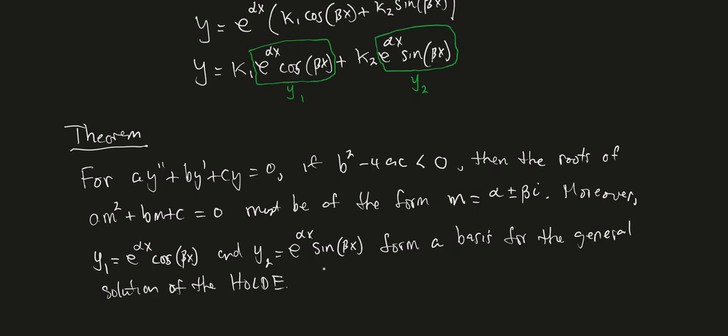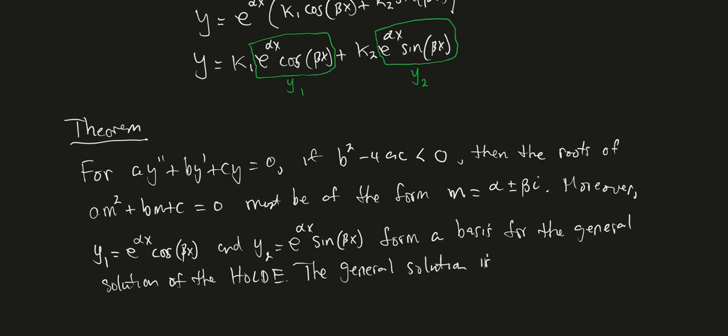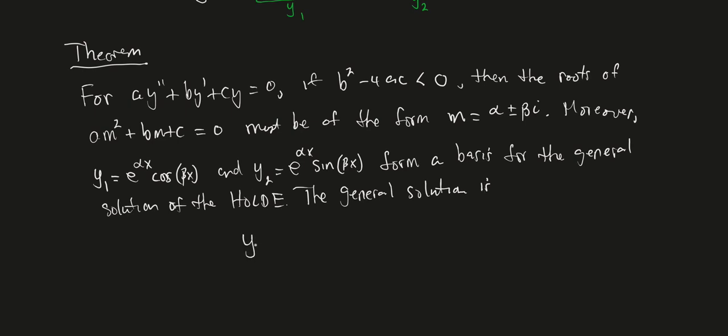And the general solution is of this form, right? So the general solution, if we wanted to write it down using our same superposition principle, is, I'll just write it as y equals, now it can be written in two ways. You can write it as c1 times the first function like this, plus c2 times the second function like that, and that's completely fine.